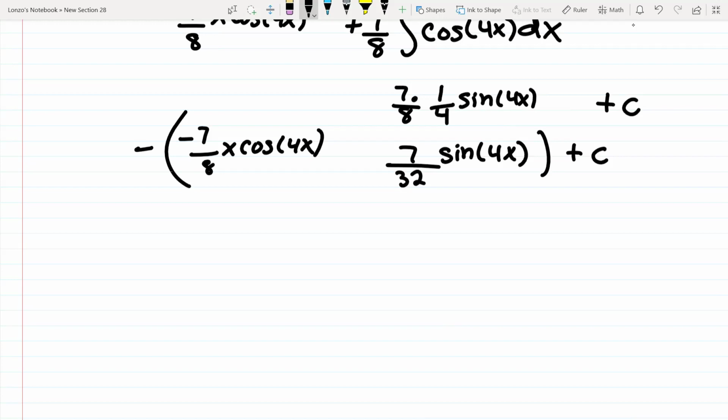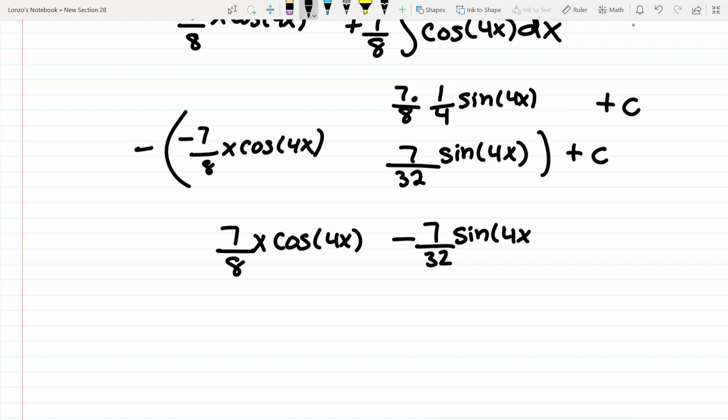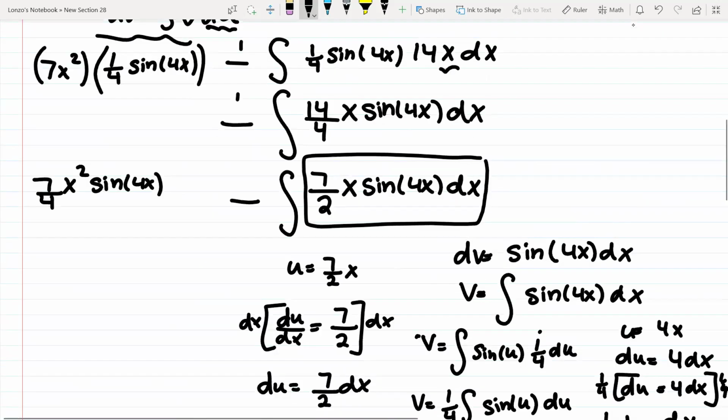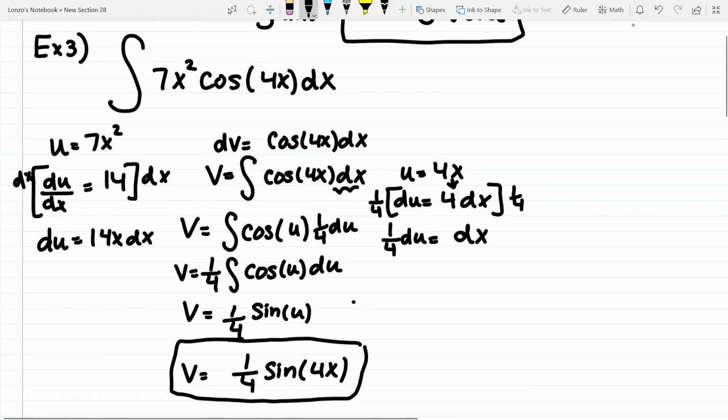Over here, two negatives become a positive, so that's 7/8 x cosine of 4x. And then this would be minus 7/32 sin of 4x plus c.